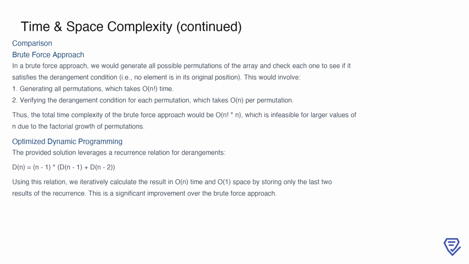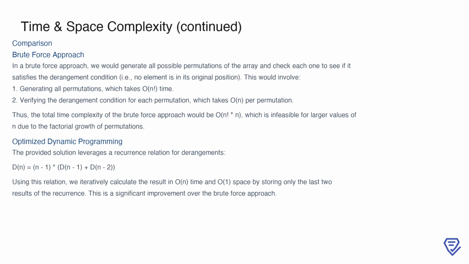To compare, a brute force approach to this problem would involve generating all possible permutations of the array and verifying each one to check if it meets the derangement condition, where no element is in its original position. Generating all permutations would require O(n!) time, and verifying the derangement condition for each permutation would take O(n) time. Therefore, the total time complexity for the brute force method is O(n!) asterisk n, which becomes computationally infeasible as n grows.